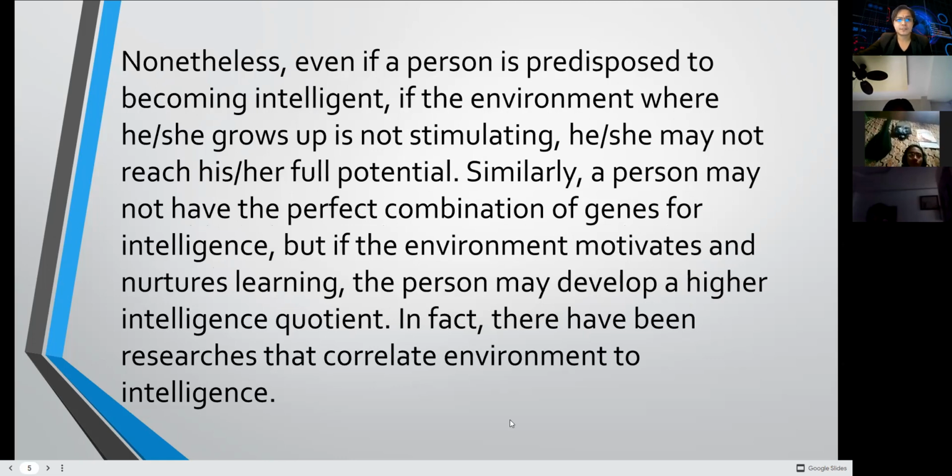Nevertheless, even if a person is predisposed to becoming intelligent, if the environment where he or she grows up is not stimulating, meaning you are not being stimulated with knowledge, or not trained to absorb all of that information, he or she may not reach his full potential.